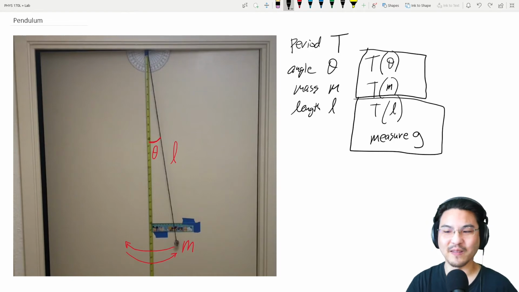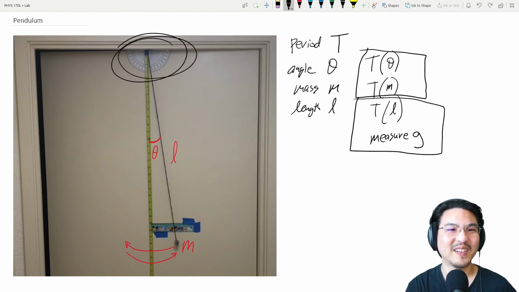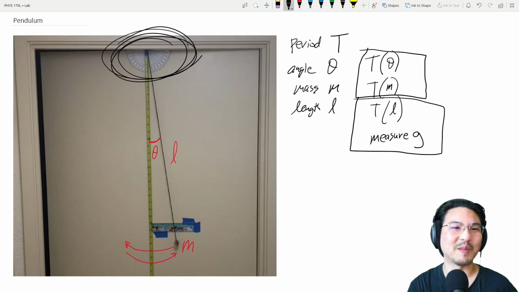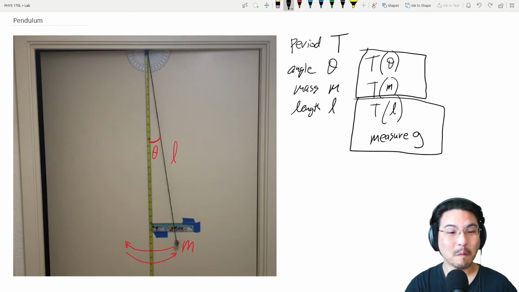And instead of my clear transparent plastic protractor that doesn't show up well on pictures or videos, I just searched for an image of a protractor online and then printed it and then cut it out and just taped it to the door. But you could also, just to show options, I took my tape measure and then another ruler like this, and I just taped it to the door.